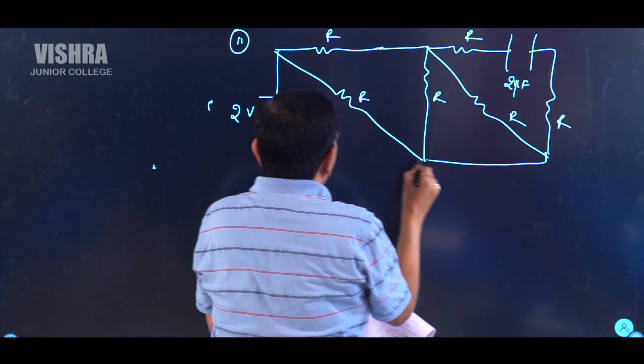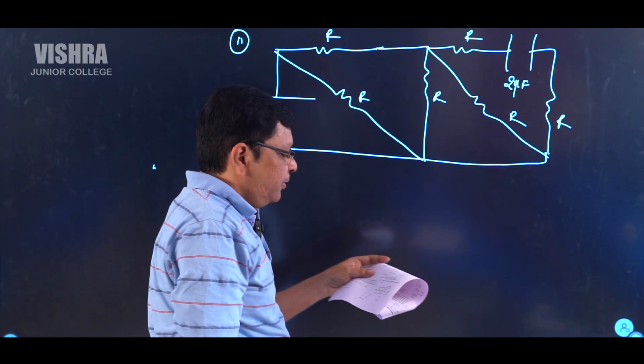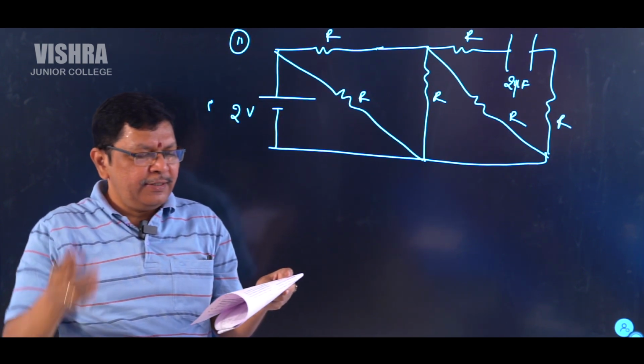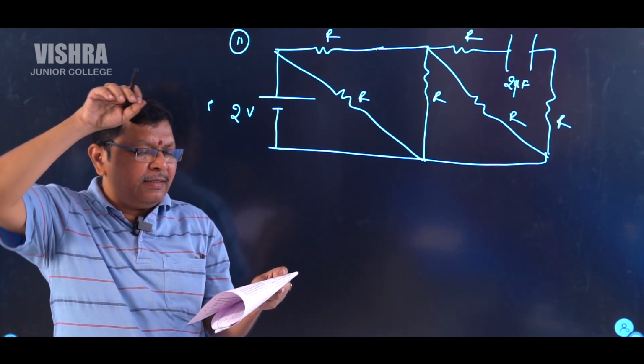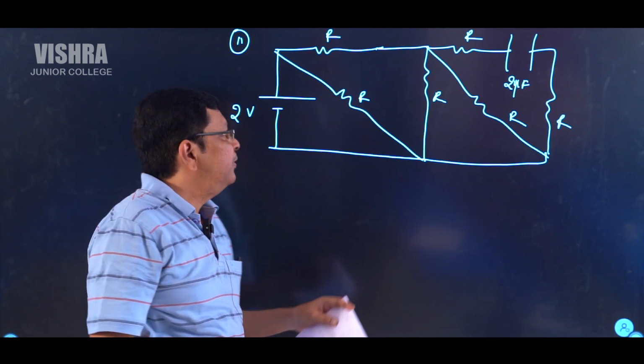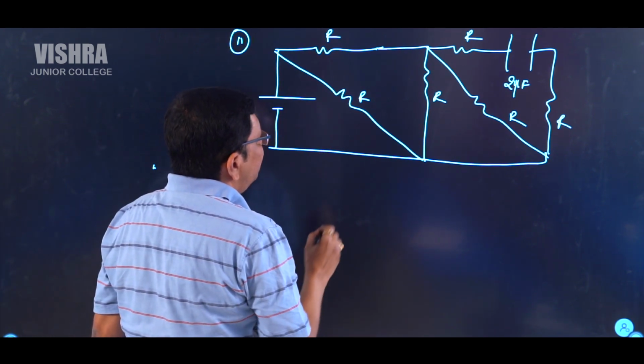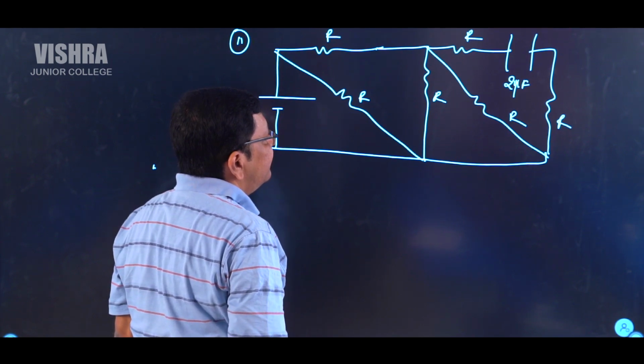These are all connected to the battery. So the question is, find the current in the circuit at steady state given that R is equal to 2 ohms. So every resistance is 2 ohms. We have to calculate the current in steady state.